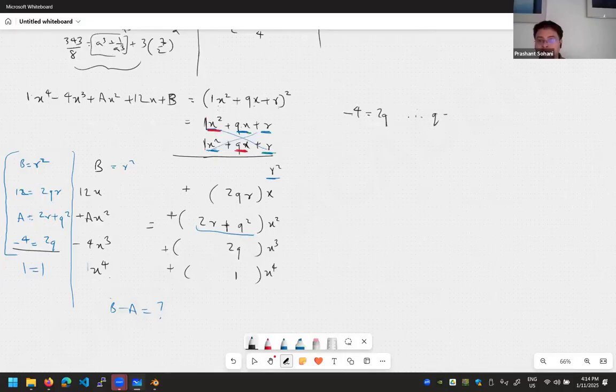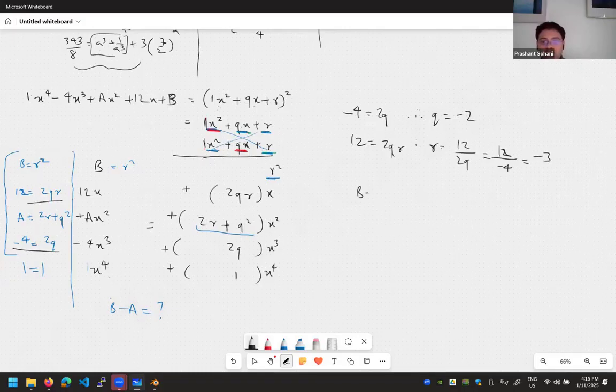Therefore q is simply minus 2. So I can substitute that in the other equations, for example in the second equation, 2qr. Therefore r is nothing but 3, so I found the values of q and r.